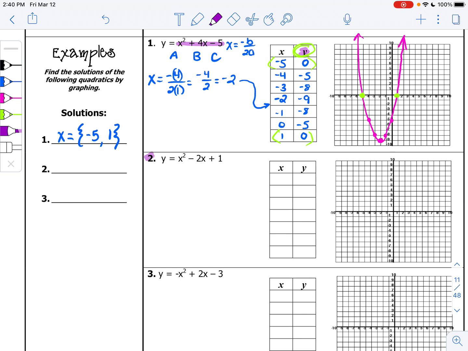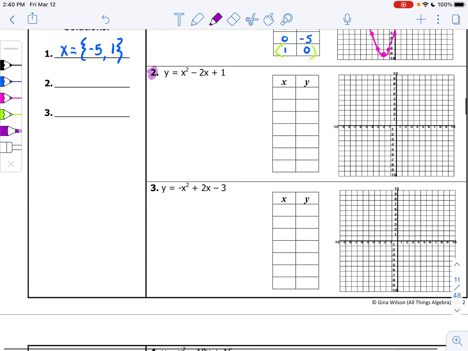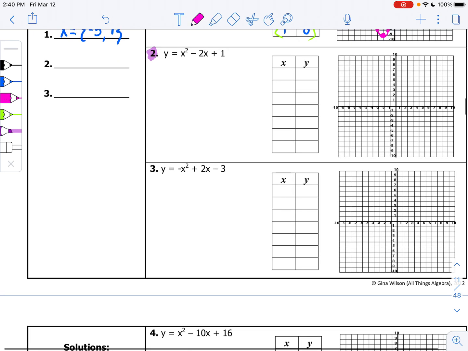Highlight number 2, and let's look at number 3. So we're going to do the same thing. We're going to use that formula, -b over 2a. And we know that a is -1, b is 2, and c is -3. We're going to plug in a and b into our formula. So that's x equals -2 over 2 times -1.